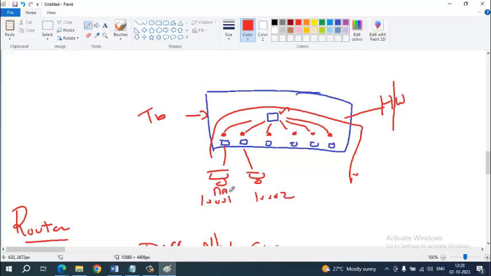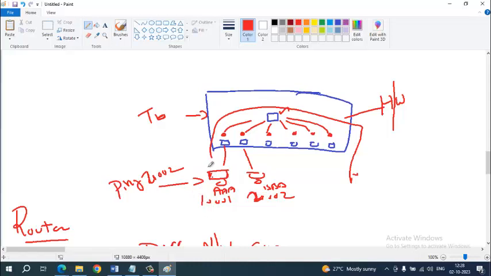See what will happen when you go to this computer and try pinging to generate traffic. We ping 10.0.0.2, sorry, 20. A different network, right? This PC will not first of all send the packet out. Why?